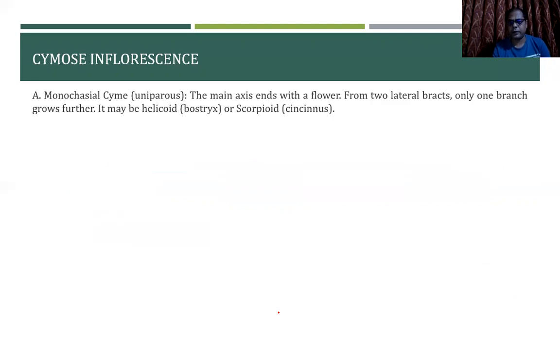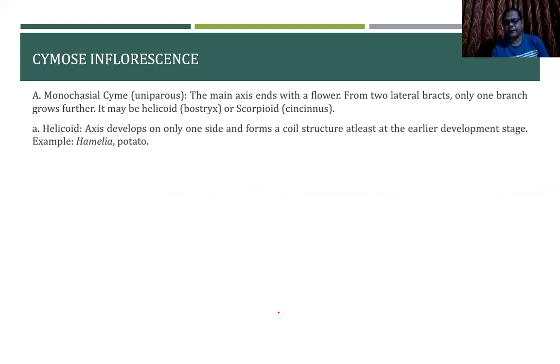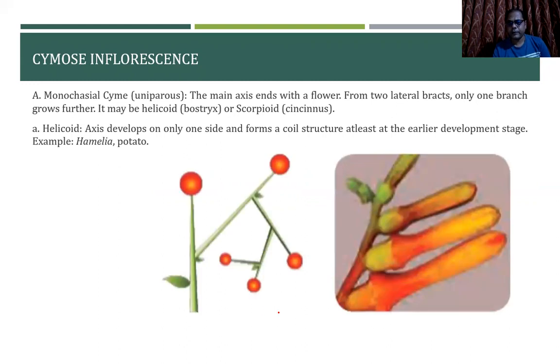The first is the monochasial cyme or uniparous. It is seen in two kinds. One is the helicoid. The helicoid kind of monochasial cyme is seen in case of potato. So what is happening here is that the original peduncle is terminating here. So we have got the bracts here.